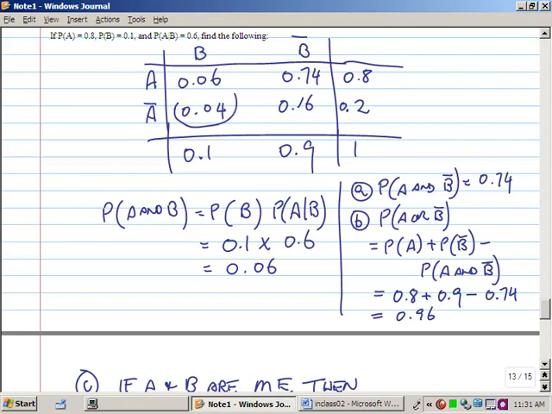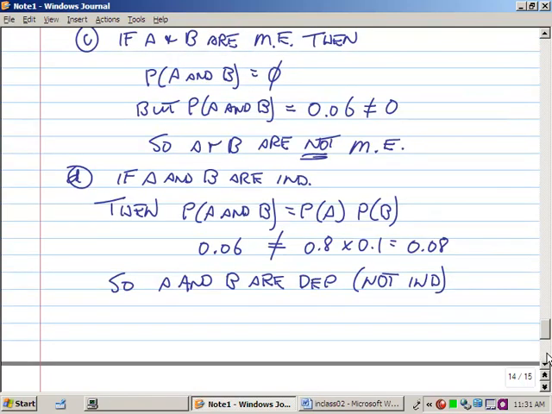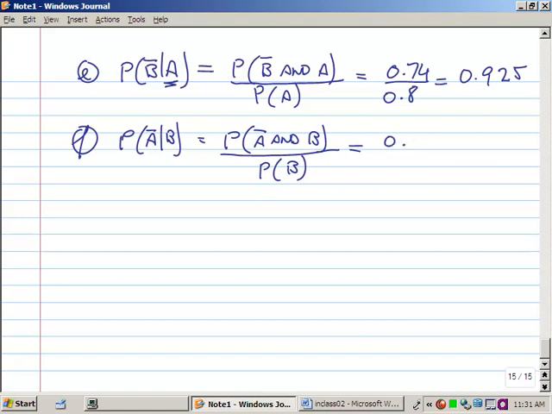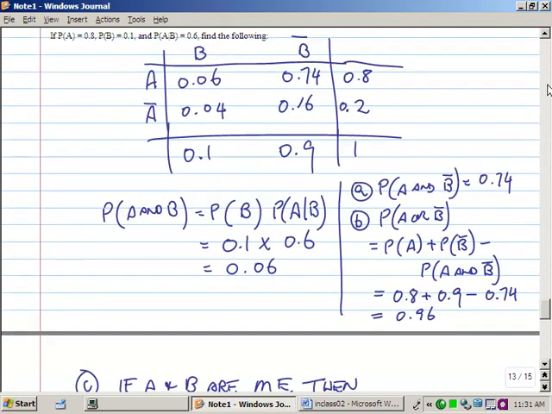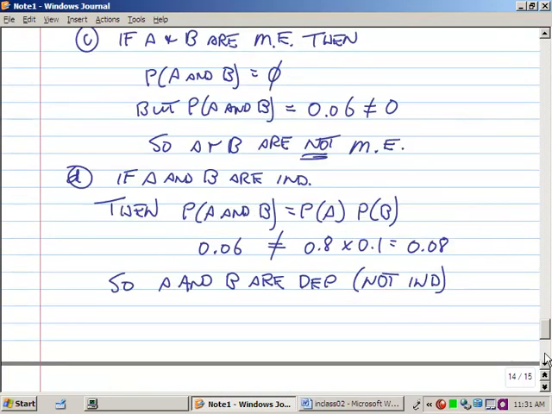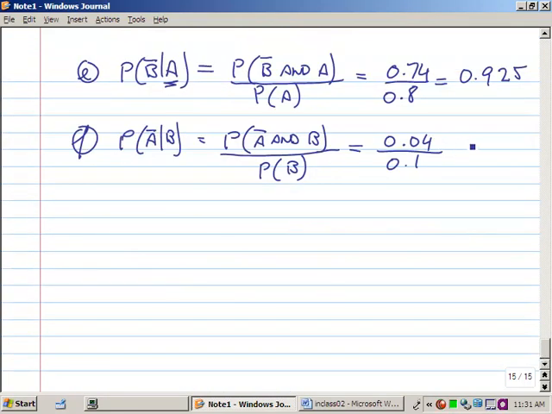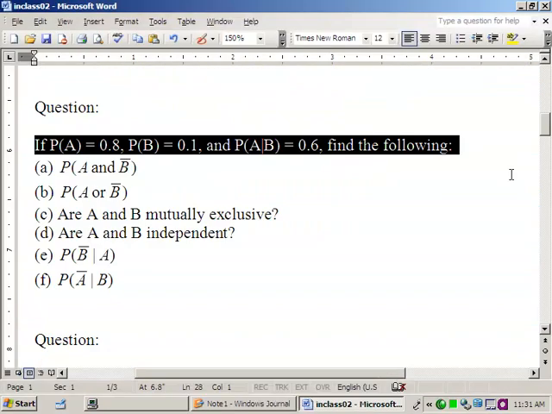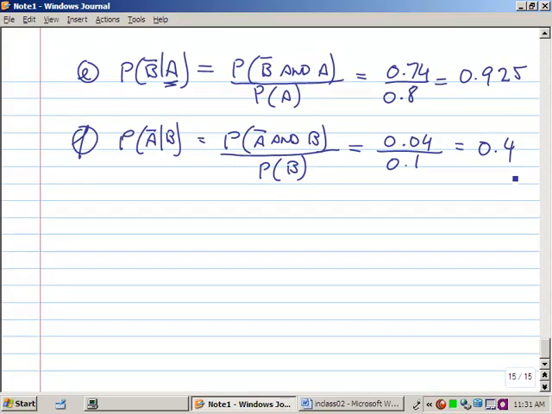A bar and B is down here, 0.04. Divided by the probability of B, I believe that's 0.1. Alright. And so the answer to that is equal to 0.4. Okay. And that's that problem.